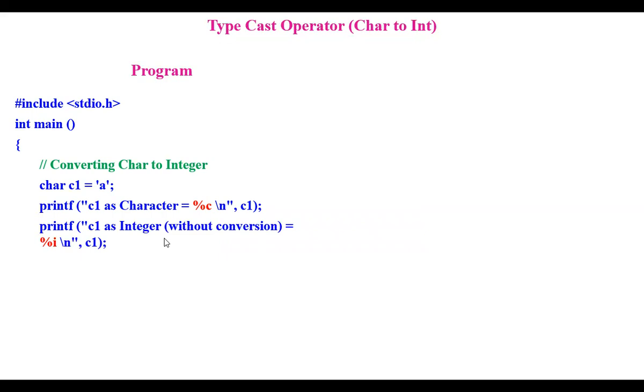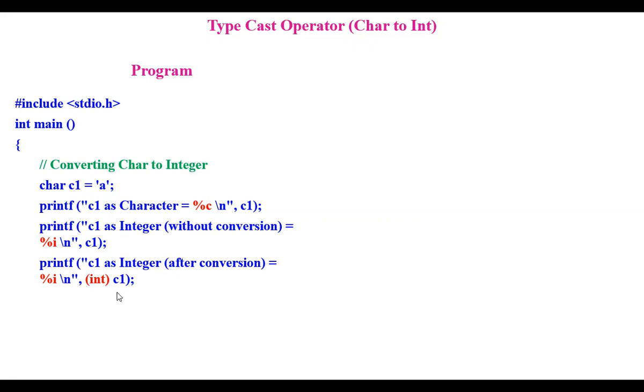Next, I'm using C1 as it is, but instead of a character, I want to display it as an integer. Let us see what happens. Another way is, with this same C1, I have intentionally written integer within brackets.